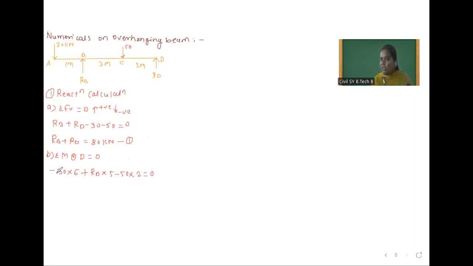We shift minus 30 into 6 and minus 50 into 2 to the right side. So RB into 5 equals 180 plus 100. So RB equals 280 divided by 5, so RB equals 56 kilonewton.